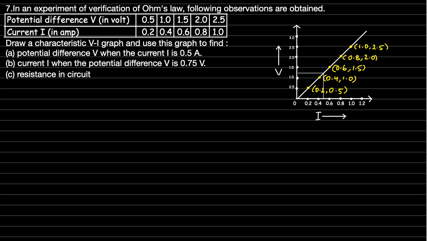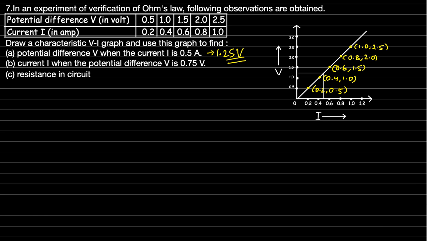So it comes exactly in between 1.0 and 1.5. So the number between 1.0 and 1.5 is 1.25. So the answer for this happens to be 1.25 volts.